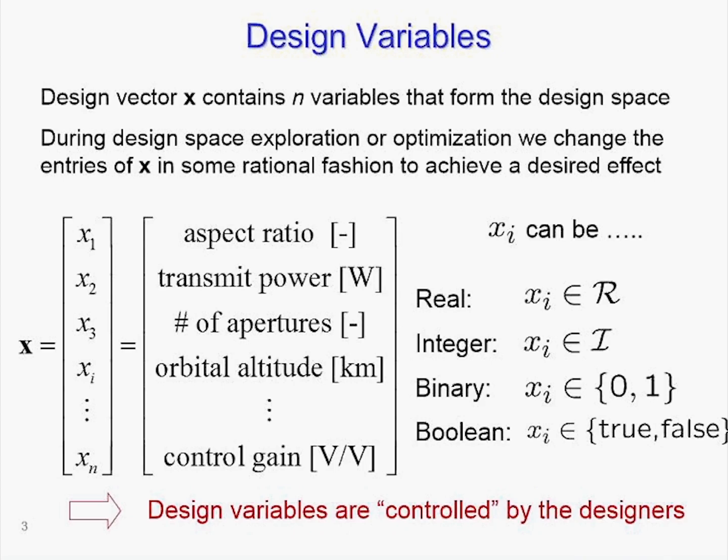And what kinds of constraints can you get? We're going to have inequality constraints, which we'll write as Gj less than or equal to 0 for j equal 1 to M1.